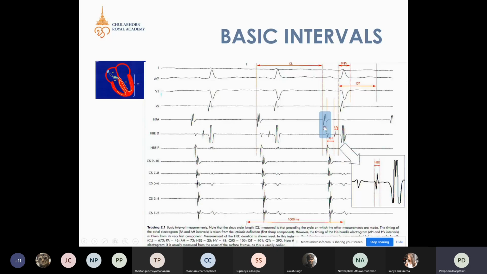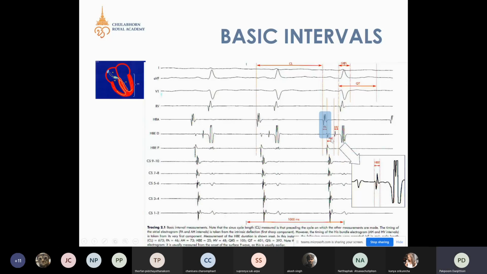That means the activity appearing in the atrium, from atrial depolarization until the electrical impulses go to the AV node. Okay, this is the atrial electrogram at the AV node, right?